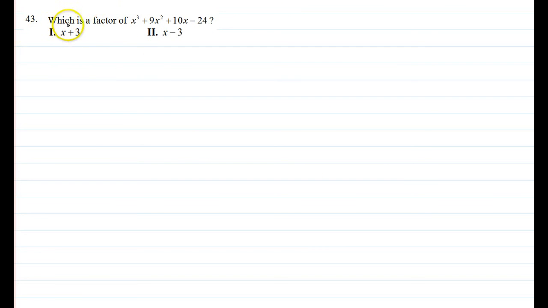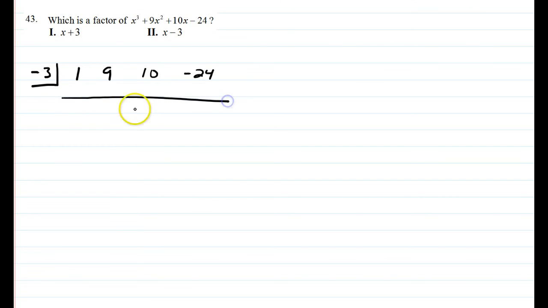Alright, so for 43, we're going to see which one is a factor of this. I'm going to use synthetic division again. So set up the coefficients: 1, 9, 10, negative 24. Bring down the 1.